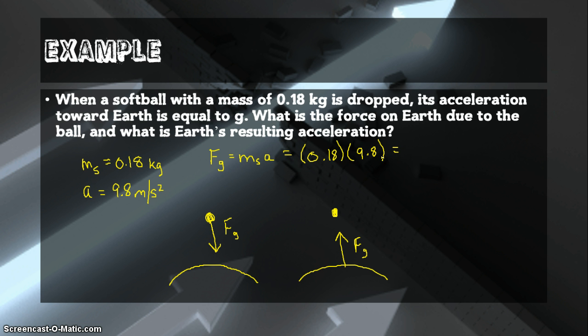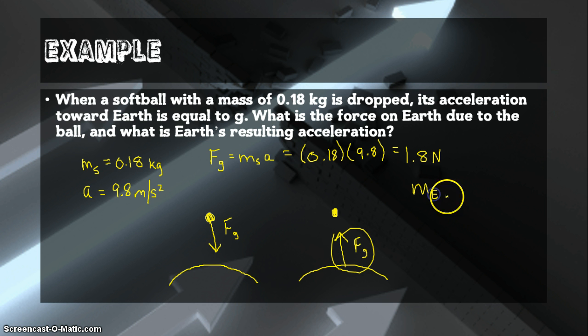So the force that Earth exerts on that softball is 1.8 newtons. So that means the ball also exerts a 1.8 Newton force on the Earth. The two different systems here.